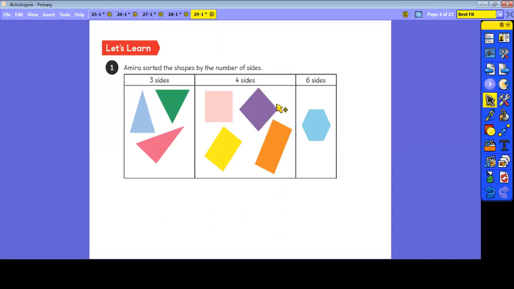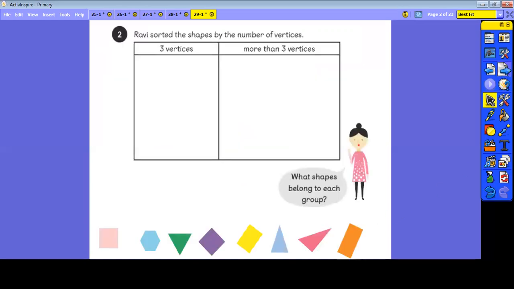So they are all quadrilaterals, but they do have other names as well, don't they, children? So we've got squares and rectangles in this group of 4-sided shapes, and then just one on its own in the 6-sided group. Can you remember the name of the 6-sided 2D shape here? Yes, it's a hexagon. So there you go. Amira has successfully sorted the shapes according to their number of sides.